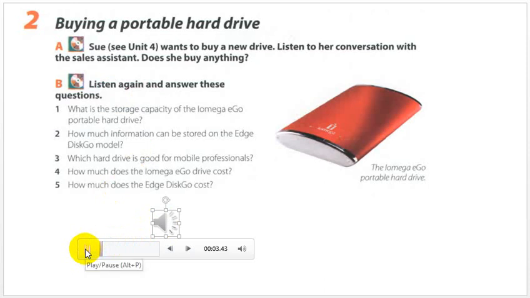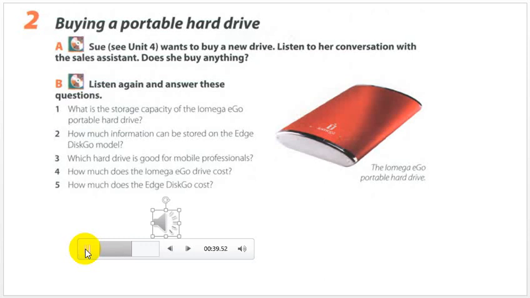I'm looking for a portable hard drive. Have you got any? Sure. If you come with me, I'll show you some drives over here. What different systems are there? At the moment, we've got two products that might interest you. The iOmega Ego portable hard drive, which can store 160 gigabytes, and the Edge Disco Mini portable hard drive, which can store 12 gigabytes. So the iOmega model can hold a lot more information. Would you recommend it?